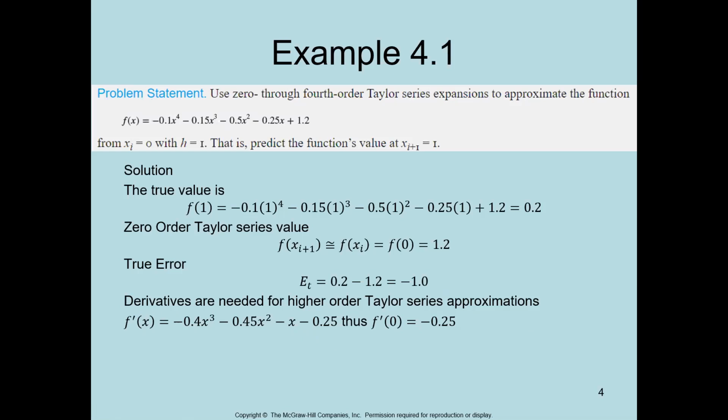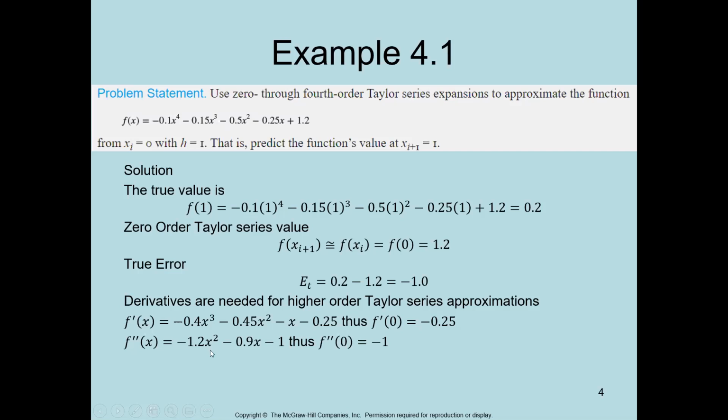The next step is to evaluate this derivative function at the given value of x equal to 0. If you put x equal to 0, it remains minus 0.25. Since we have to go up to the fourth order, we have to take successive derivatives.